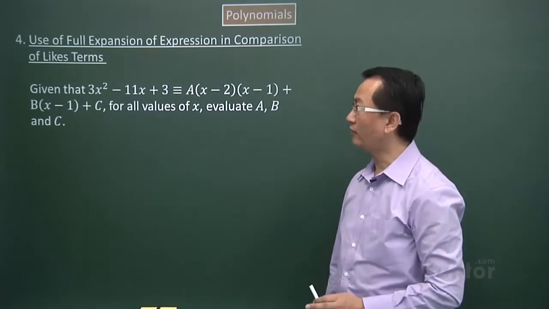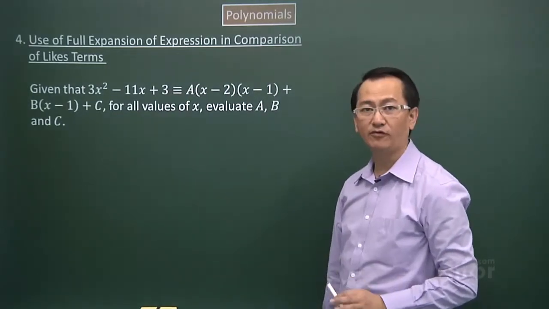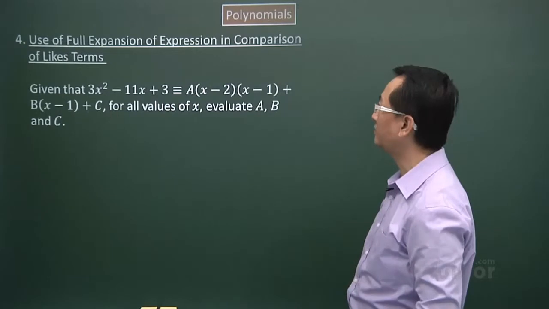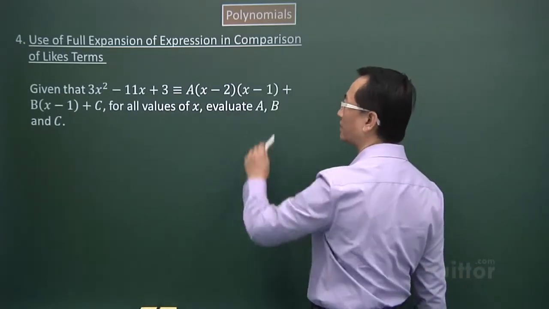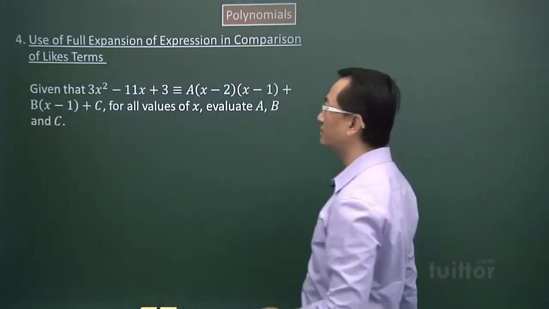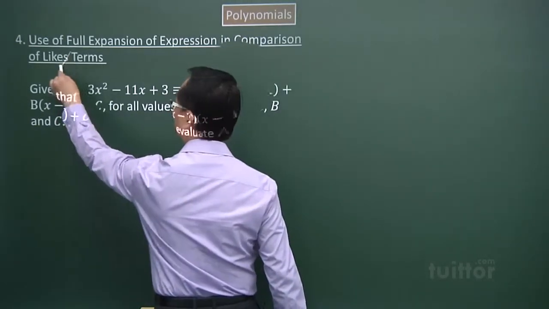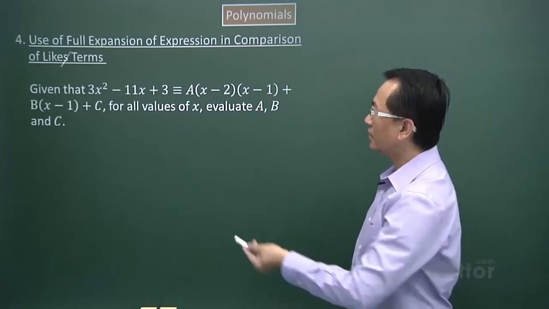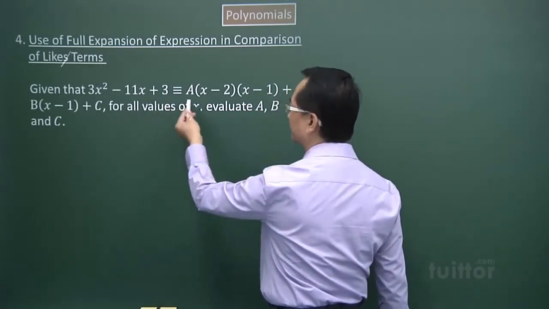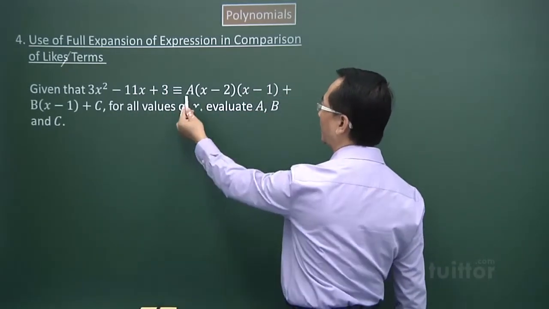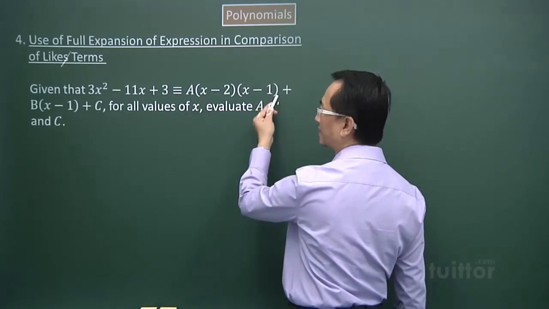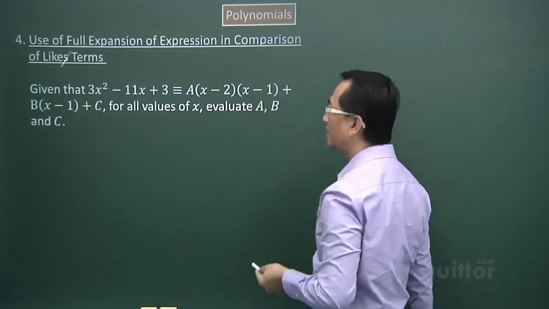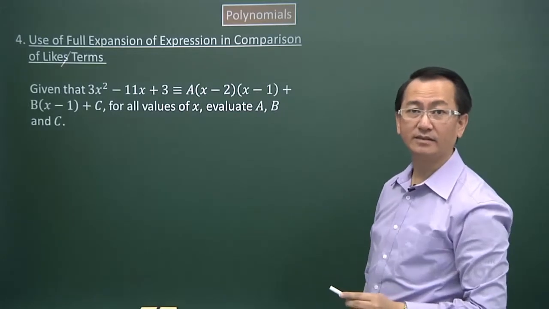Next, for point 4, we look at the full expansion of the expression in order to do comparison of like terms. So, if you look at this question, the right-hand side of the identity can be step-by-step expanded.